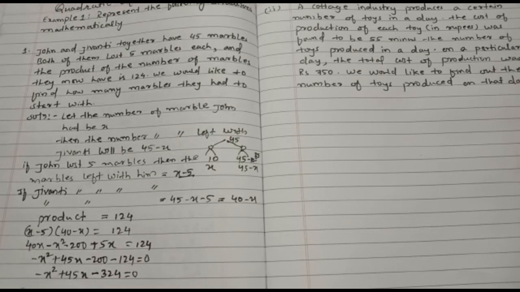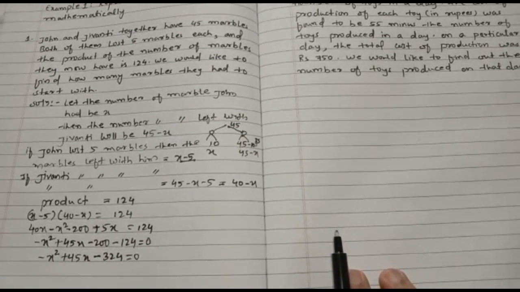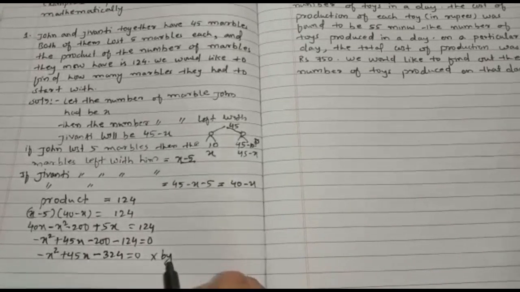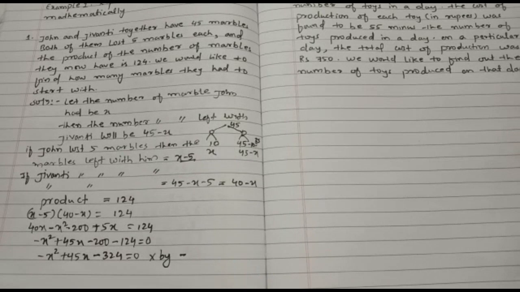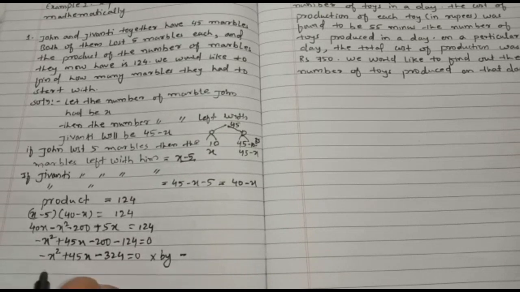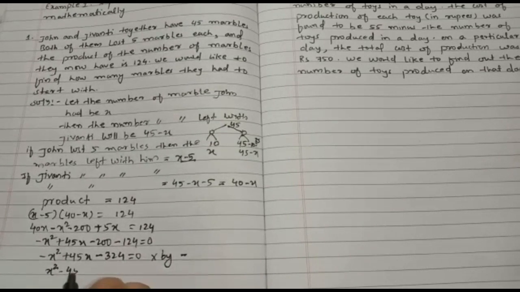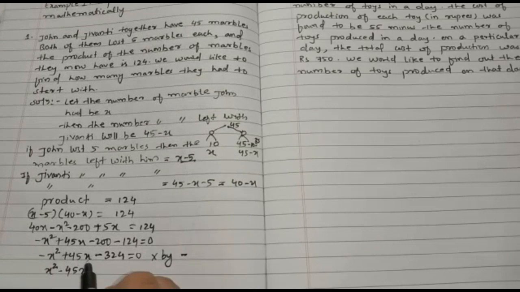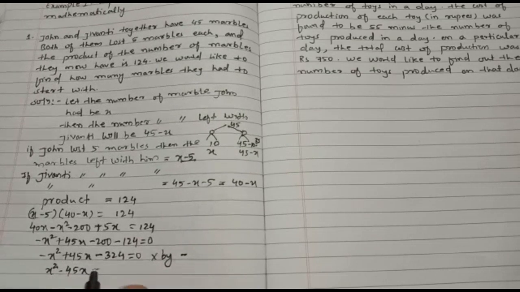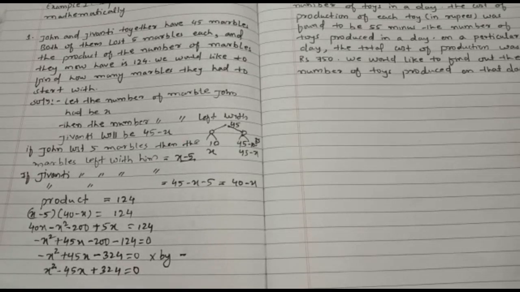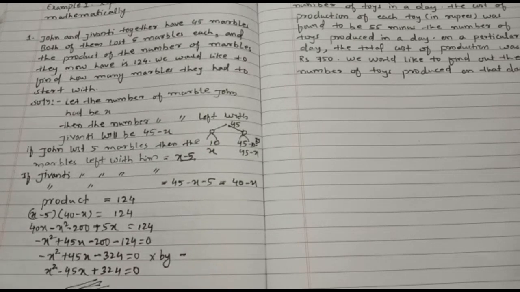Keep in mind, this value should always be positive, it should not be negative. So to make it positive, we multiply the whole equation by minus. Minus into minus is plus x square, then minus into plus is minus 45x, then minus into minus is plus 324 is equal to 0. This is our required mathematical form.